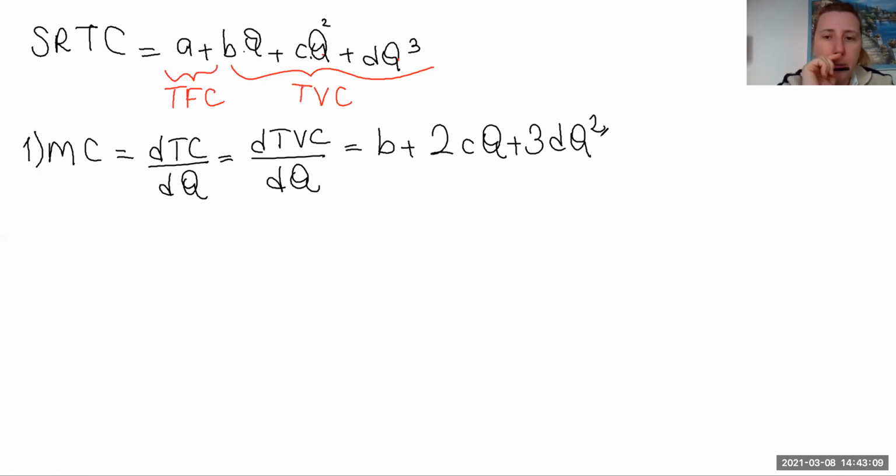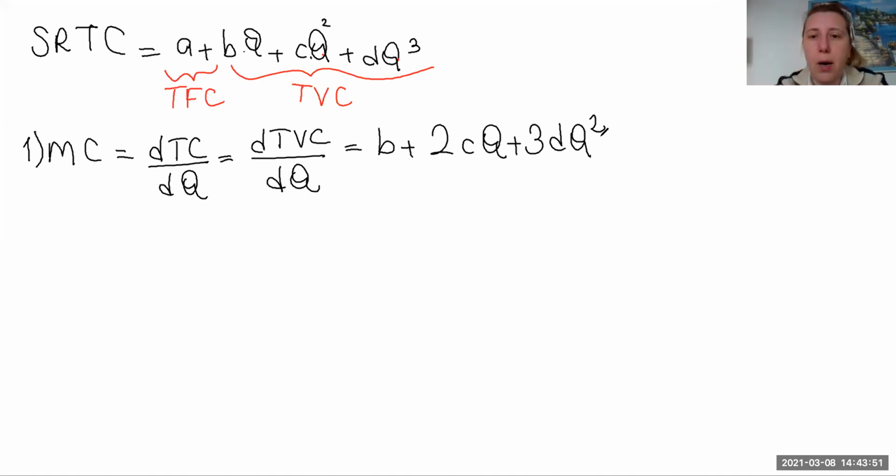What can be the shape of the marginal cost in that case? It's parabolic. Good. U-shape or inverted U-shape? It depends on the expected sign of the parameter, right? If D is a positive number, it will be a U-shaped function.